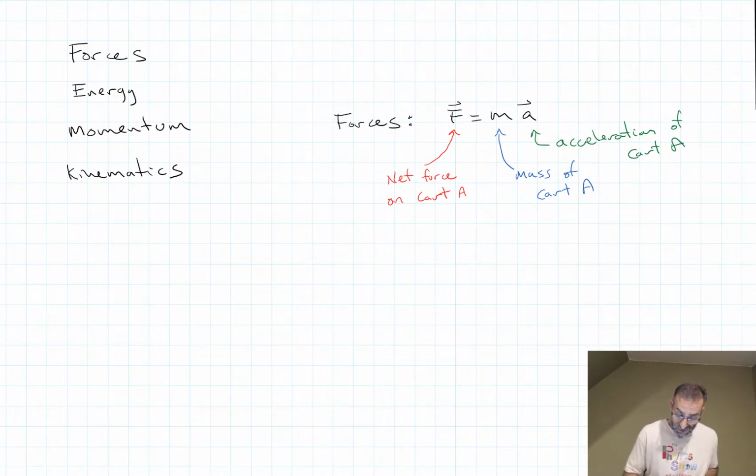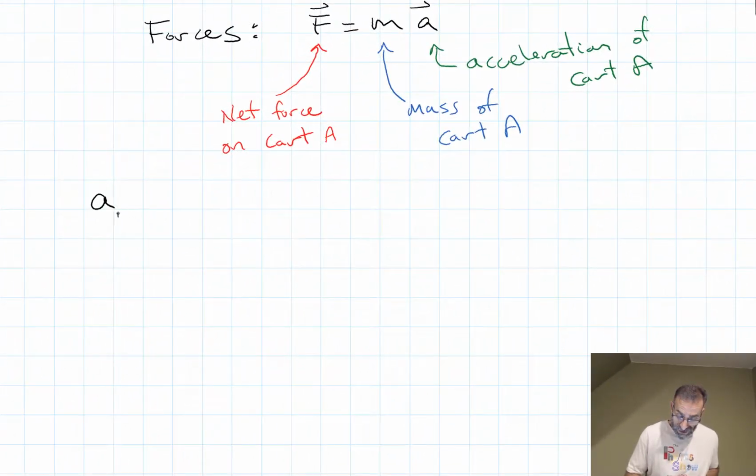So I can rearrange this equation. I get the acceleration of cart A is going to be the force on A divided by the mass of cart A. The force on cart A is 40 newtons in the negative direction.